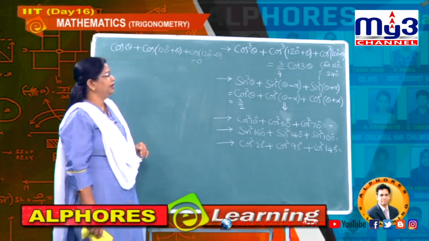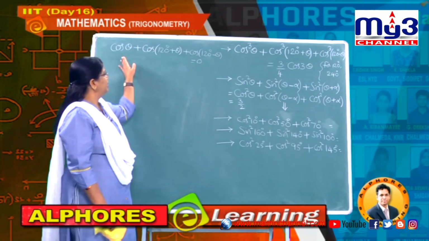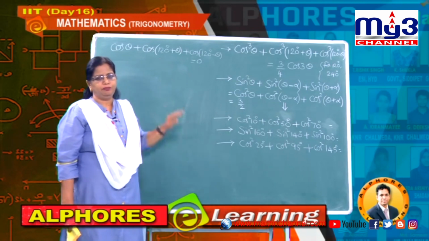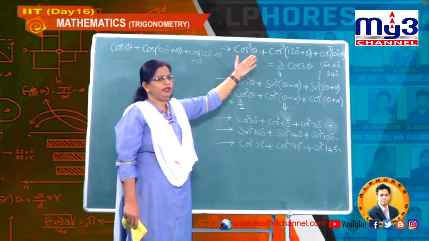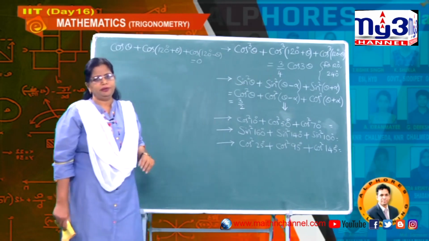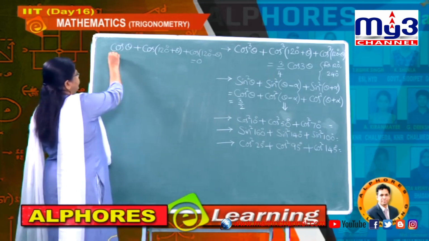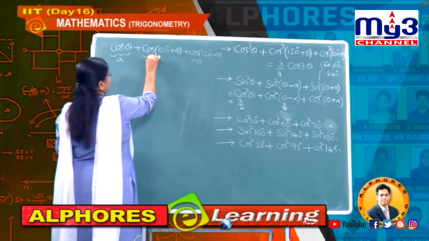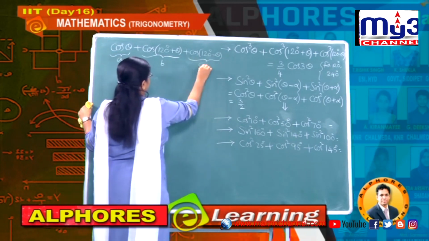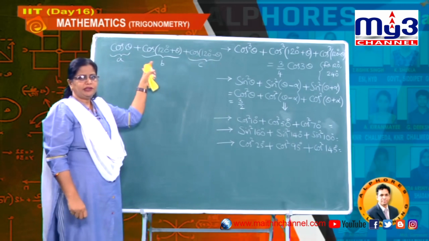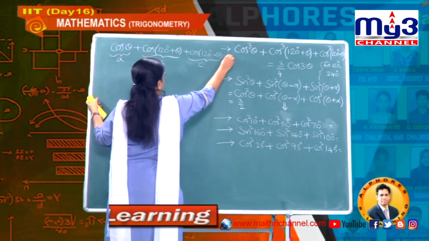Thereby you can make use of the algebra formula: a plus b plus c equal to 0, so whenever a plus b plus c equals 0, a cube plus b cube plus c cube equals 3abc. Here, take this value as a, this entire value as b and next this value as c. Understand? So a plus b plus c, this is the known result you have, is equal to how much?